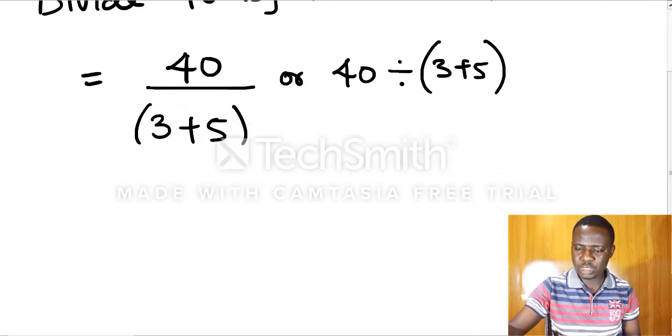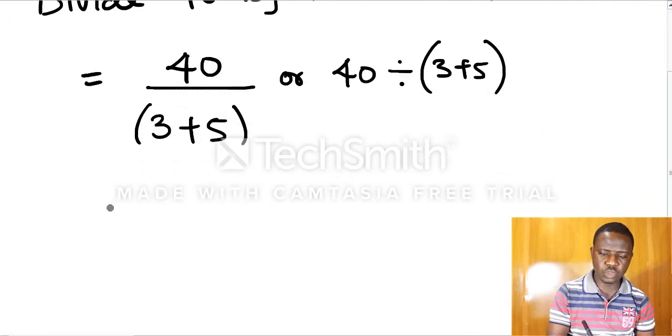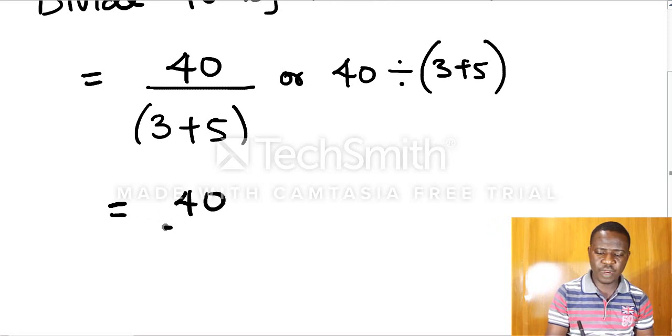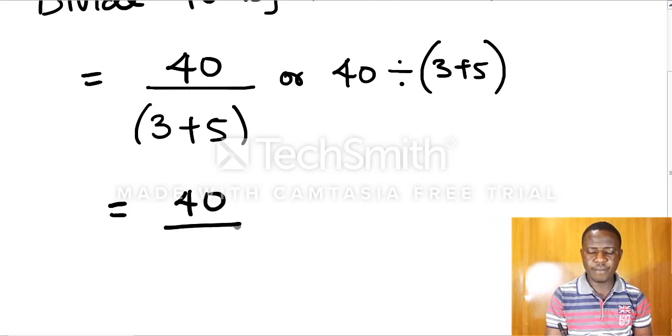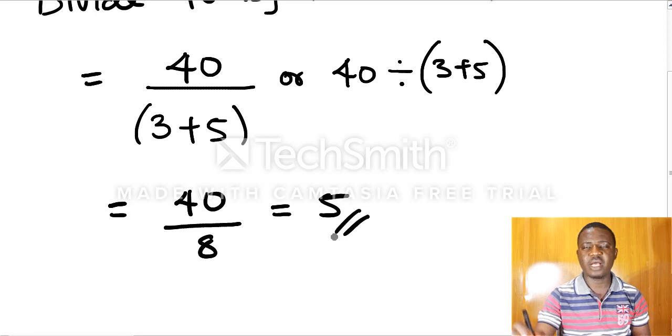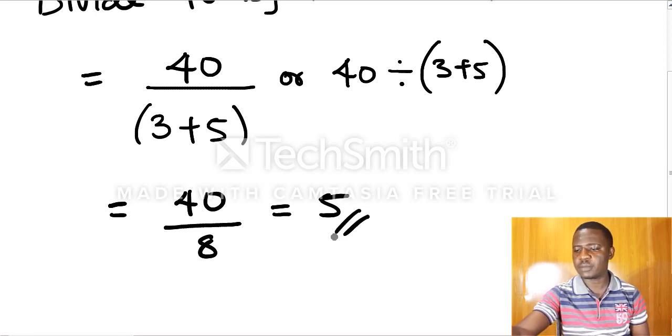They are both one and the same thing. So this is equal to 40 divided by 8, since 3 plus 5 is 8, and 40 divided by 8 is 5 as your answer.